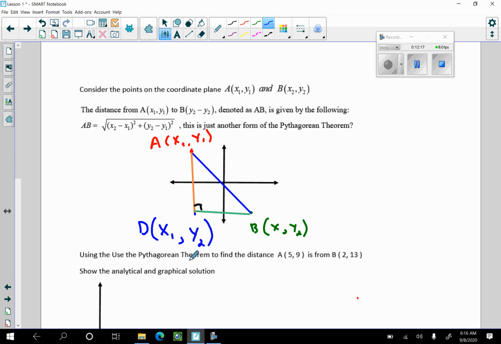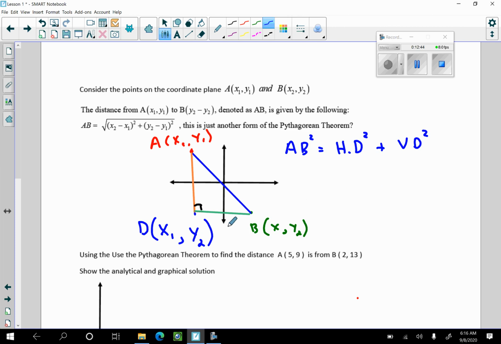And so now the first thing we're going to do is find this horizontal distance, because this distance AB by the Pythagorean theorem is going to be AB squared is going to be the horizontal distance squared plus the vertical distance squared.